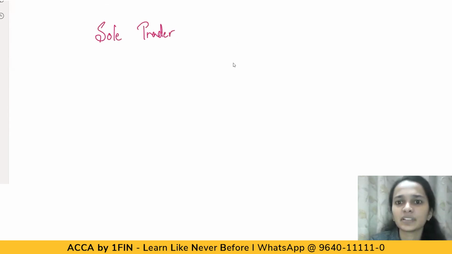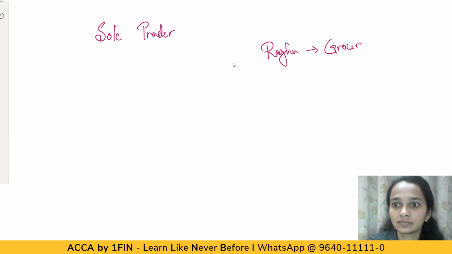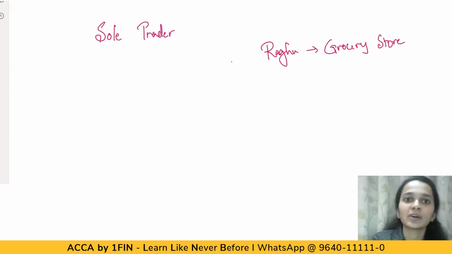Say for example, there's a person, Mr. Raghu, who runs a grocery store. Raghu is the only person, he is the owner of this business and he takes care of everything.